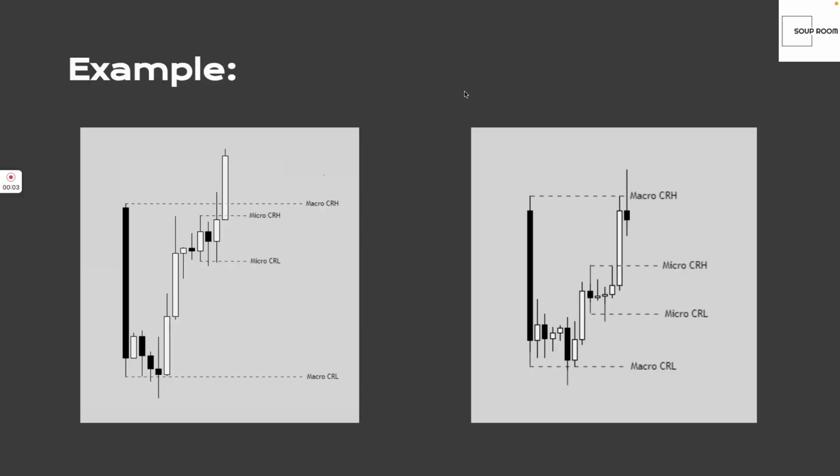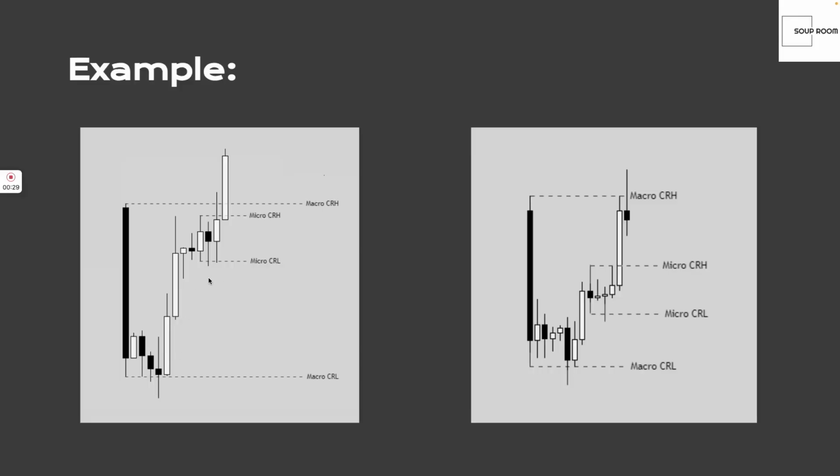Here are two examples. Example 1 shows a 15-minute, let's call it a micro range, any time frame, and the 8 a.m., the macro time frame. So macro, higher time frame, micro, lower time frame. As you can see, the trend, the expansion is bullish.